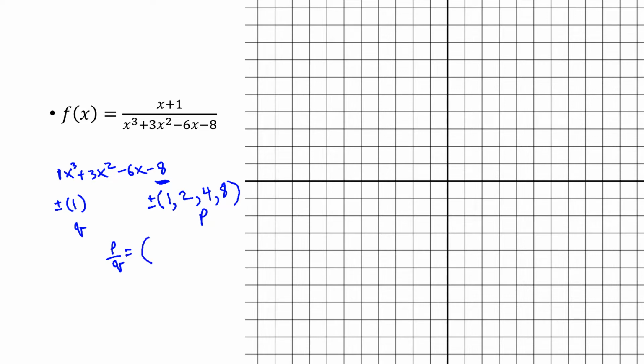So we'd have 1 over 1, positive or negative 2 over 1, 4 over 1, or 8 over 1. In other words, our only possibilities of what we could try in synthetic division, if we have rational roots, are either positive or negative 1, positive or negative 2, positive or negative 4, or positive or negative 8.